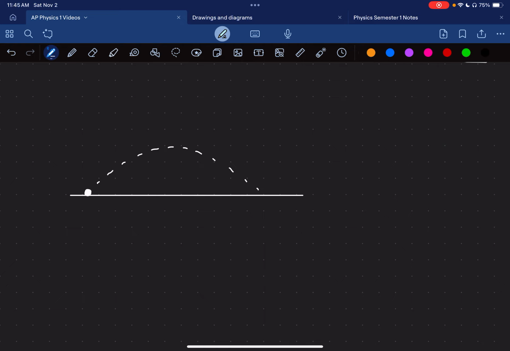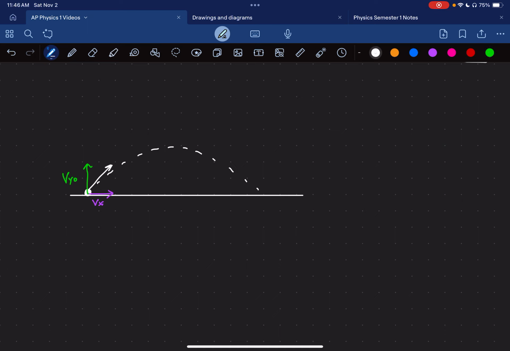So something to note here is that here's the initial velocity, and it's got a horizontal component to its velocity, and it has a vertical component. Let's do purple. So this is Vx, and this is Vy naught.